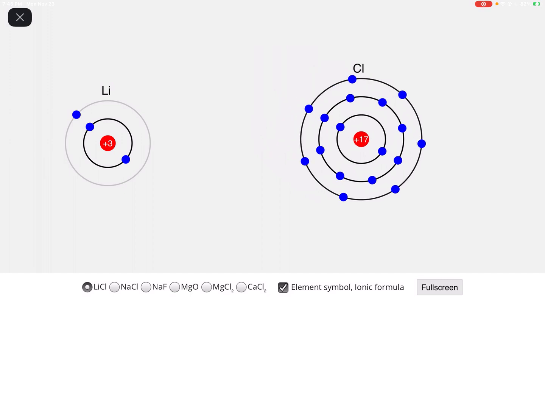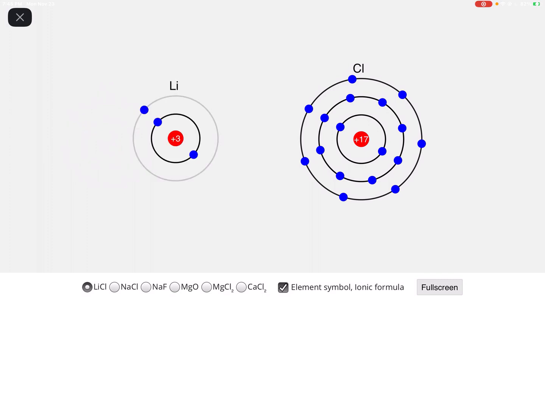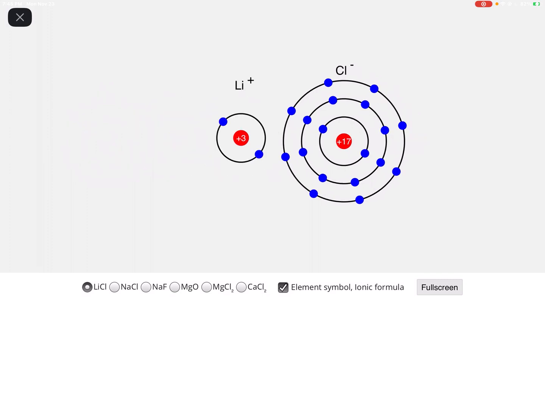Once they get close together, if you notice, lithium gives up that 1 electron, and then its first energy level becomes its valence shell, and it's full, it's satisfied. Chlorine gains that 1 electron in its third energy level, which satisfies its octet, and they form ions. Lithium forms a +1.